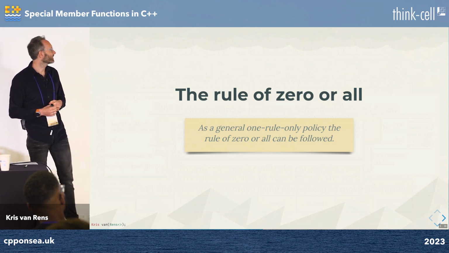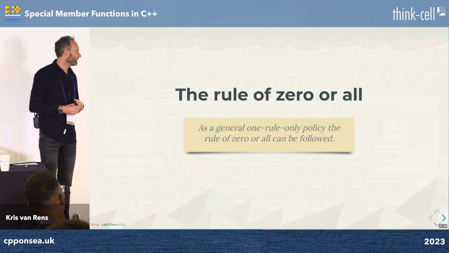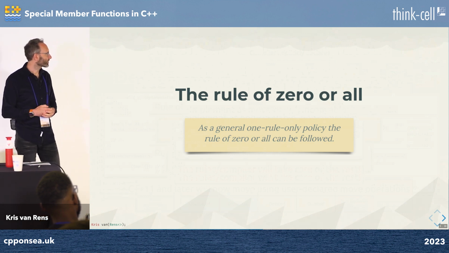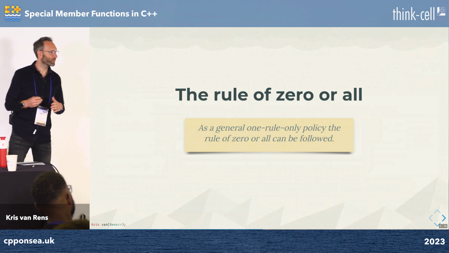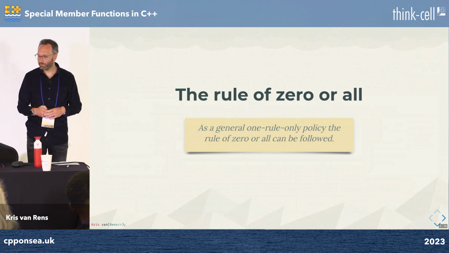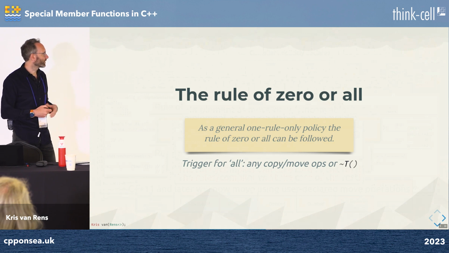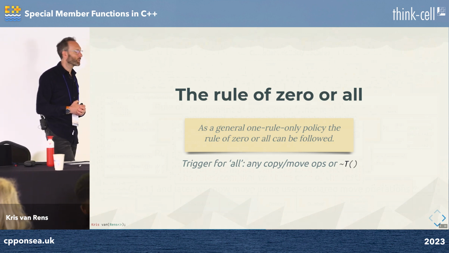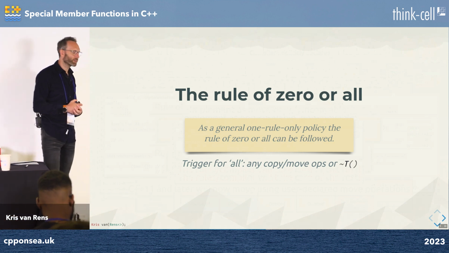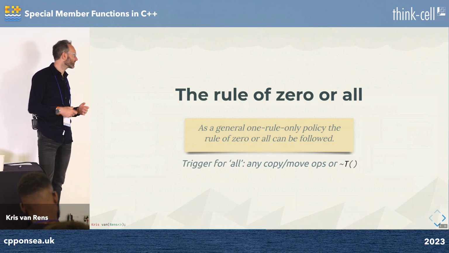Why are they doing that? But this already helps, and then at least you're safe. Perhaps you're not performance optimal, but you're safe. And of course, then the trigger is the second rule, where you have a custom copy constructor or copy operations, move operations, or destructor.